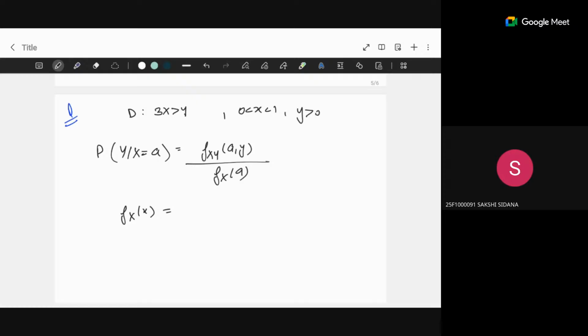x is going from 0 to 1, and y is greater than 0.